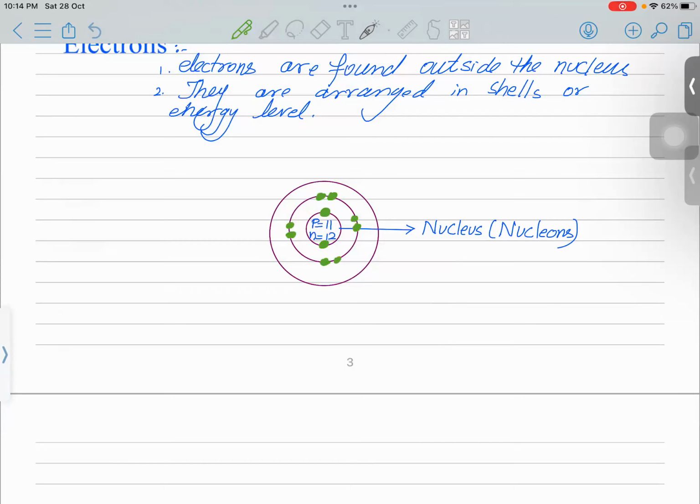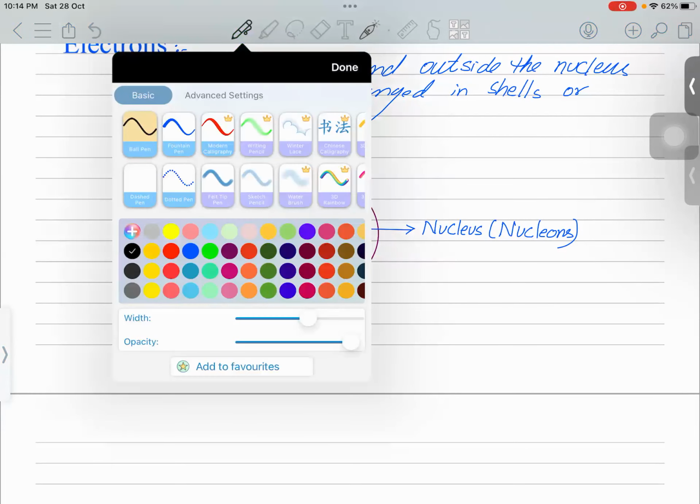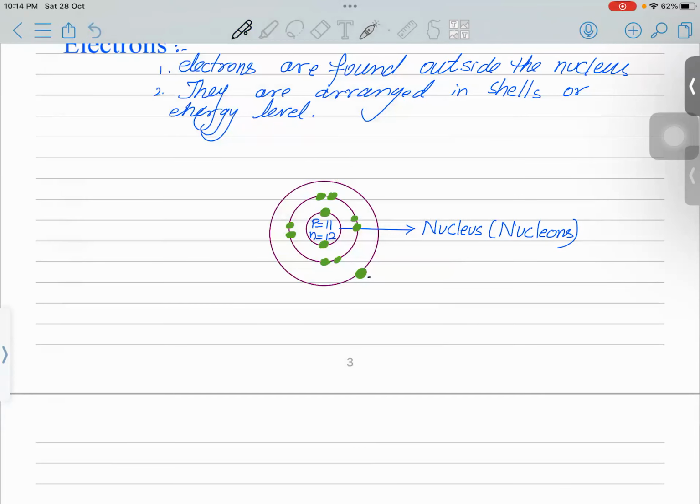These are called electrons. This is called the valence electron.